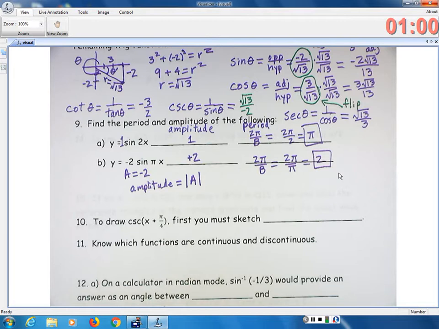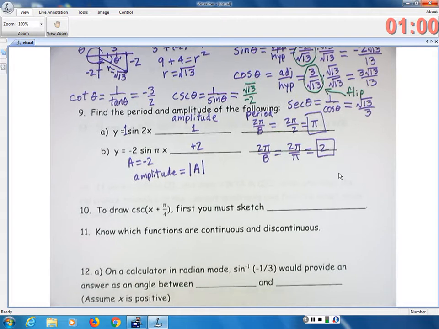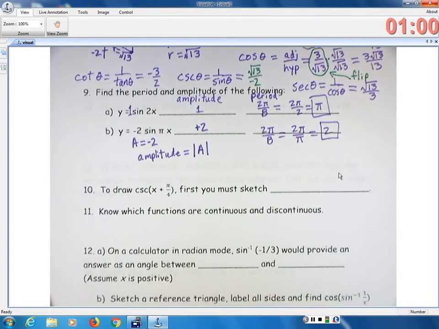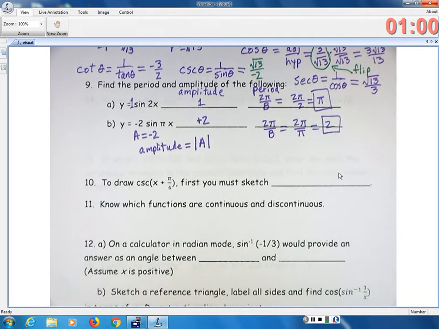All right, the next question is, how would you draw cosecant? What would you sketch first? We're not going to draw a cosecant function on the test, and we didn't even cover drawing them, except that I told you guys this, but it's been quite a while, you probably forgot.